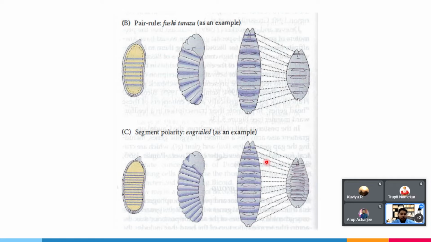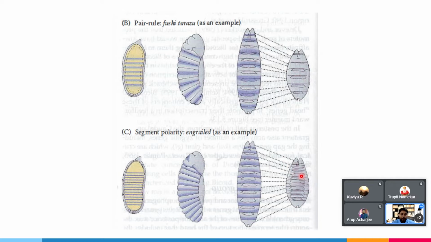And if we have a mutation in the segment polarity genes, only this particular portion where they were expressed will not appear in the final embryo, and thus we have an embryo which looks shorter like this. So in the segment polarity genes case, we have defects in every parasegment, because only the anterior part of it is not present in the final embryo.